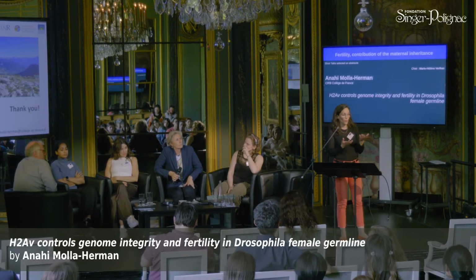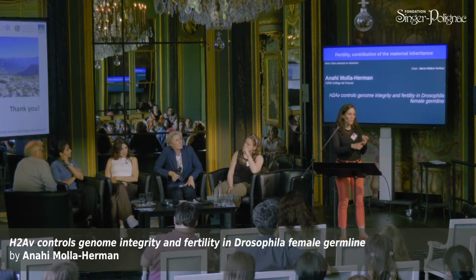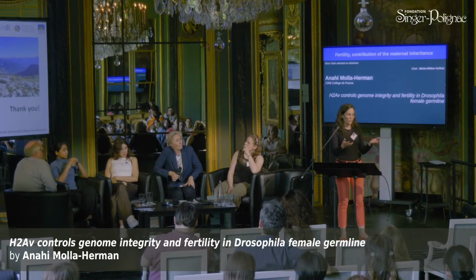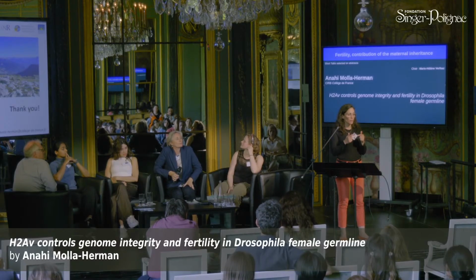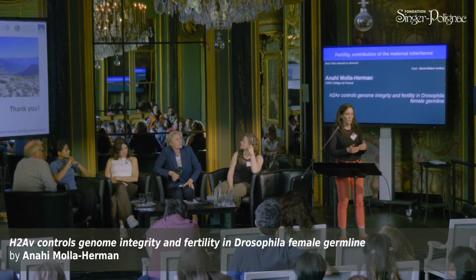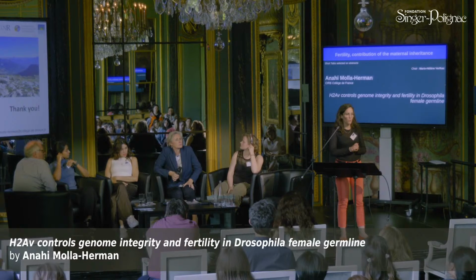But third, we also think that because H2AV has a function in transcription, it could directly regulate genes from the piRNA pathway, such as aubergine, Ago3, Maelstrom, rhino, etc. And we have some evidence that it can be a bit of all of them, because in the RNA-seq results, we have genes from the piRNA pathway that are downregulated. So we need this data, and it will be very important to answer your question.